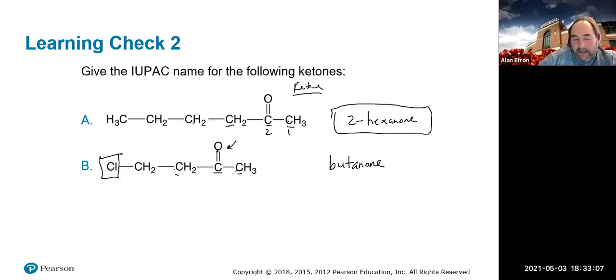Again, really do not need to give the location of this guy, but it will be carbon number 2 in this case, numbering this way, which means this would be carbon 3, this would be carbon 4, and that is actually where the group is attached. So that is going to be 4-chlorobutanone. Any questions on those names or naming aldehydes or ketones or drawing them?